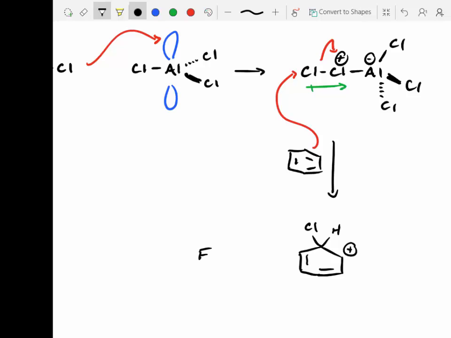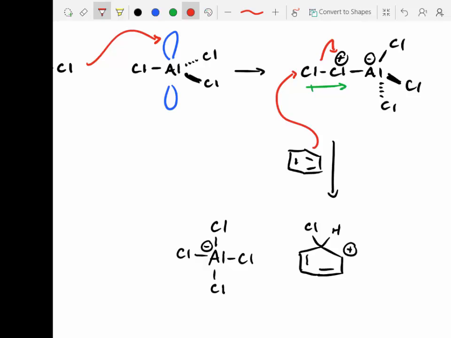And then we've got the aluminum complex. What do you think the next step is? Attacks H. Yeah, it's completely analogous to the bromine reaction.